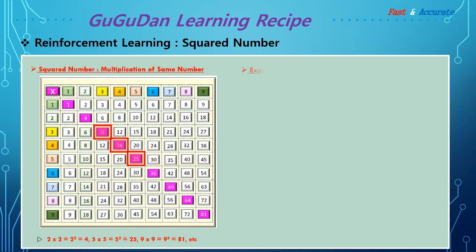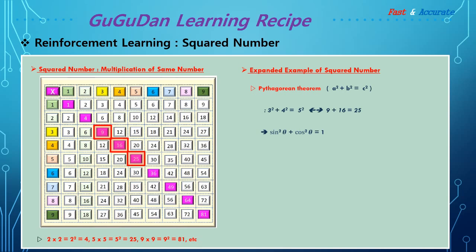On the right side of the slide, I wrote 3 examples of expansion of the square. These are also things that we can't help but encounter in the course of learning mathematics. First, the 3 consecutive natural numbers that satisfy the famous Pythagorean theorem concerning the lengths of the 3 sides of a right triangle are 3, 4, and 5. In the figure on the left GuGuPan, the squared value of 3, the squared value of 4, and the squared value of 5 are marked with separate borders.